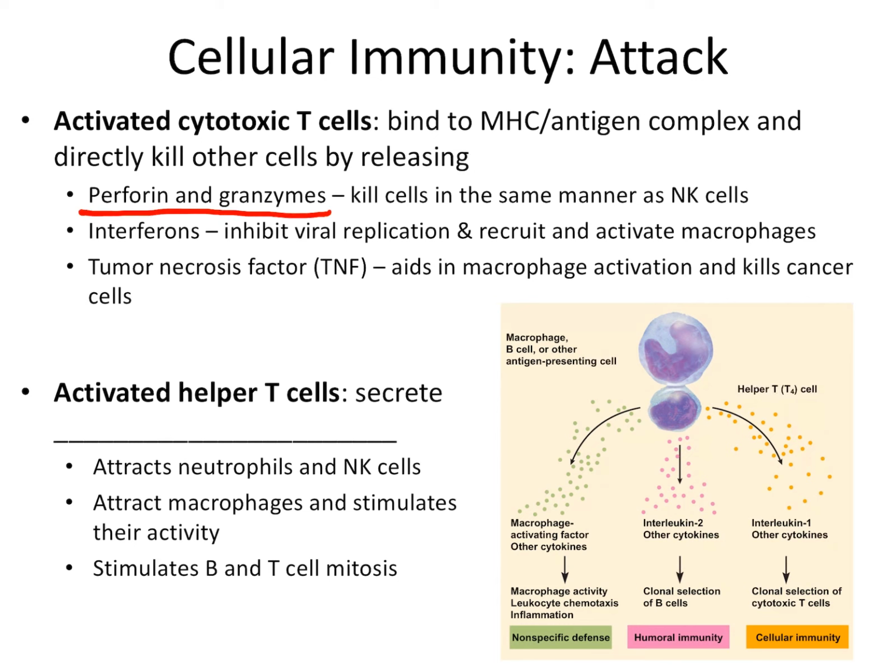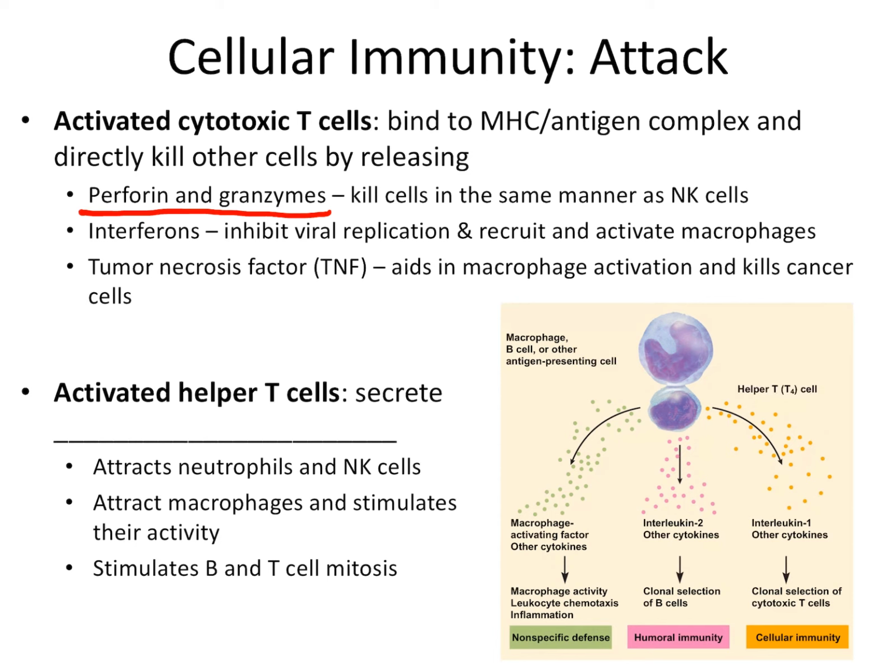Recall that perforin is essentially going to poke a hole in the cell, and then those granzymes are going to enter the cell and break down that cell's enzymes. And so in this way, they're ultimately going to induce apoptosis, very similarly to our NK cells, but in this case, they're doing it very specifically. They'll only be killing cells that have been infected by that particular antigen for which they have a matching receptor.